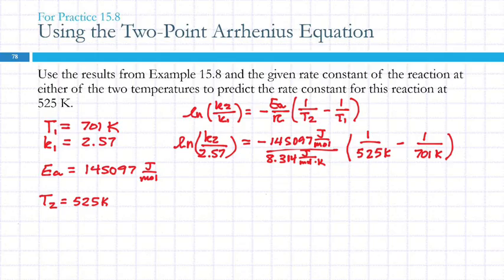So, on this one, let's just do the math on the right side since there aren't any variables there. I've got negative 1,45097 divided by 8.314 times the quantity 1/525 minus 1/701.